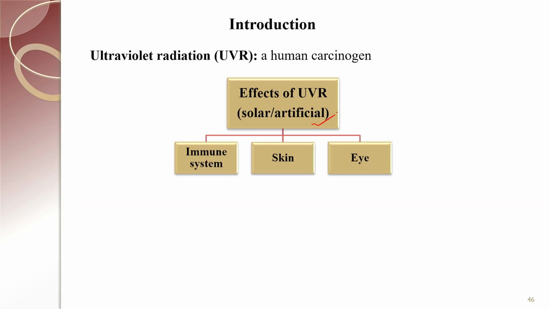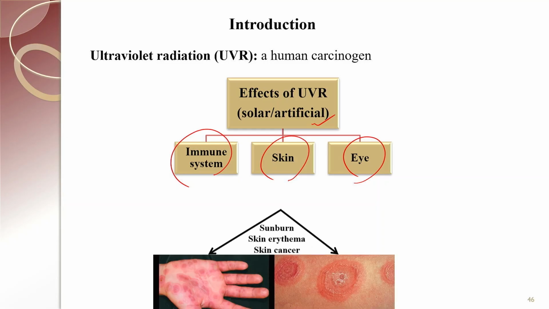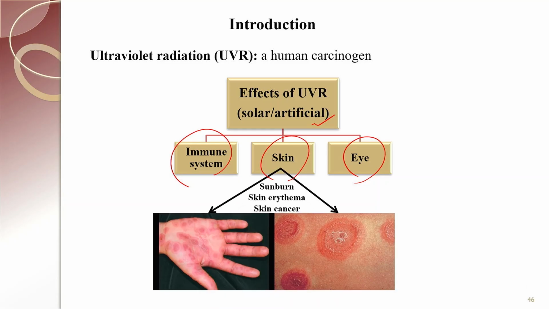It can cause immune suppression and skin cancer, or it may affect the eye. These are the different effects of UV. On the skin, sunburn can take place, skin cancer, skin erythema. So, different types of effects are there on skin.